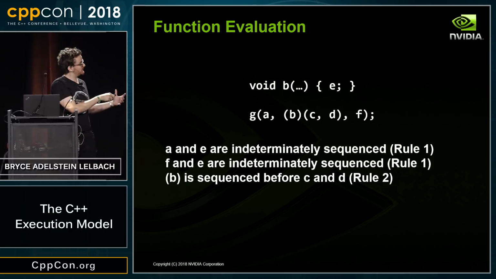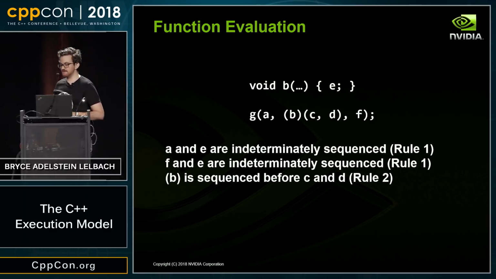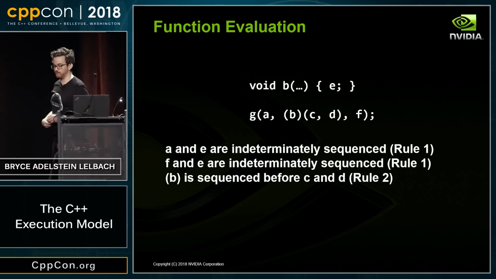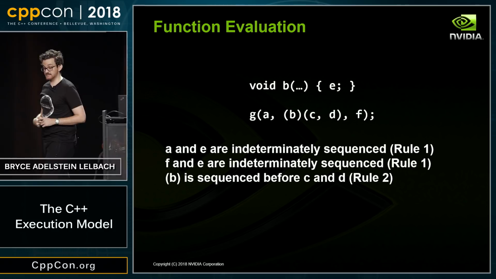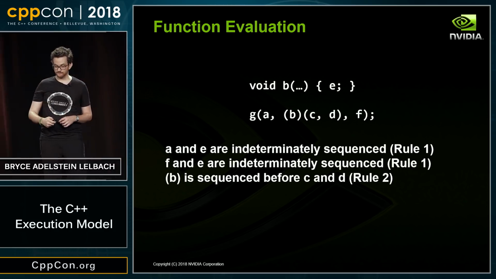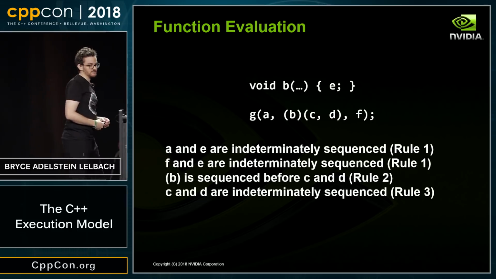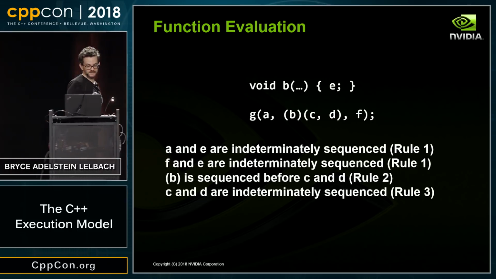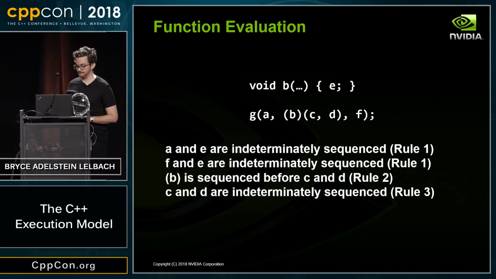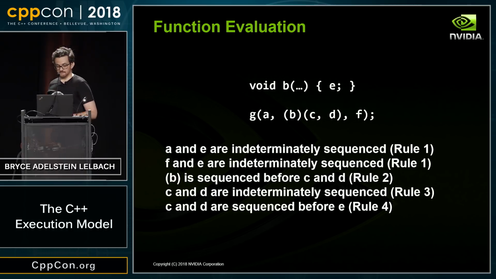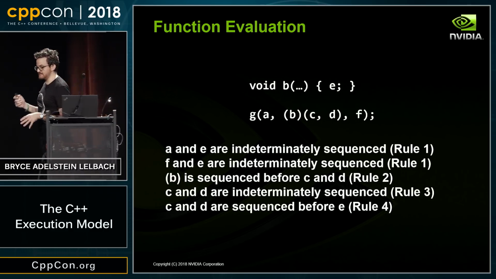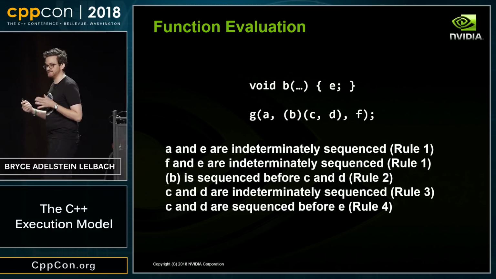It's some expression that gives me b. That is sequenced before the argument expressions c and d. C and D, as I said, are indeterminately sequenced. Either C is sequenced before D or D is sequenced before C. Both C and D are sequenced before the body of the function.